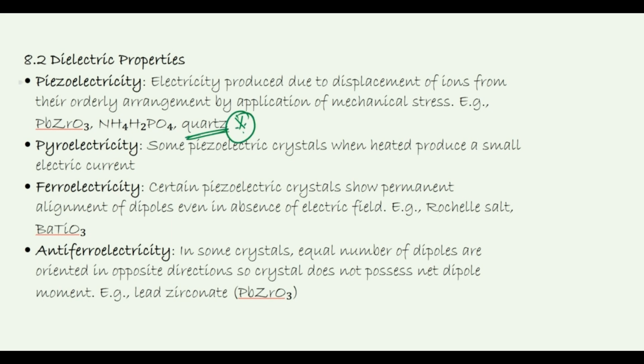Then pyroelectricity: some piezoelectric crystals, when heated, produce a small electric current. And ferroelectricity: certain piezoelectric crystals show permanent alignment of dipoles even in the absence of an electric field. Rochelle salt and barium titanium oxide.